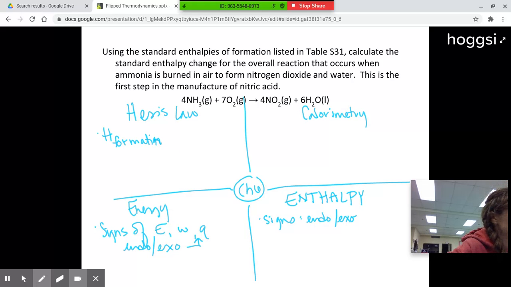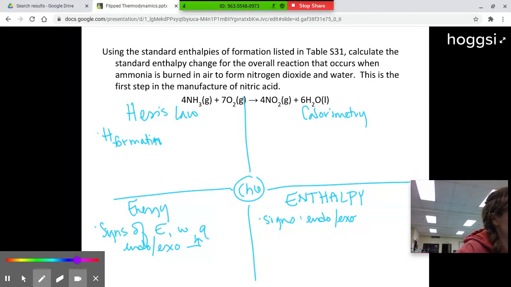What about equations? What kind of equation should go in each box? Yeah, changes in energy.